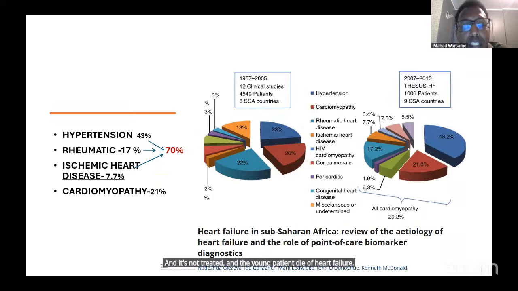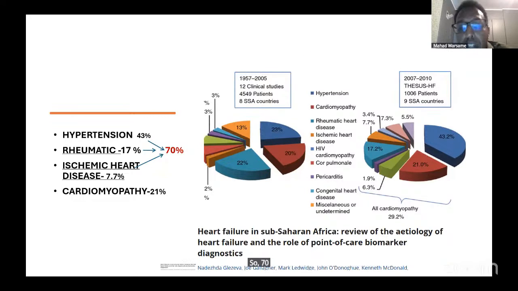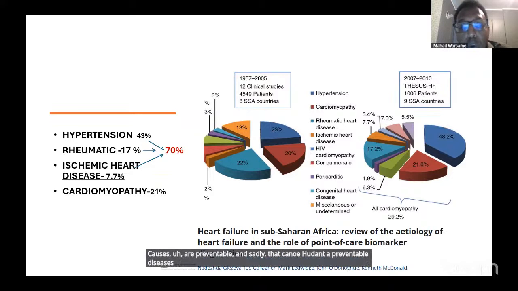And the third one is ischemic heart disease, which is number one in the developed countries. So 70% of heart failure causes are preventable, and sadly our people die of preventable causes.